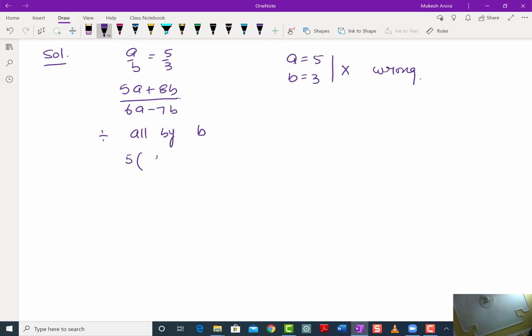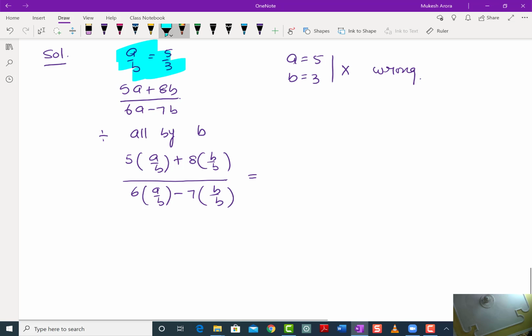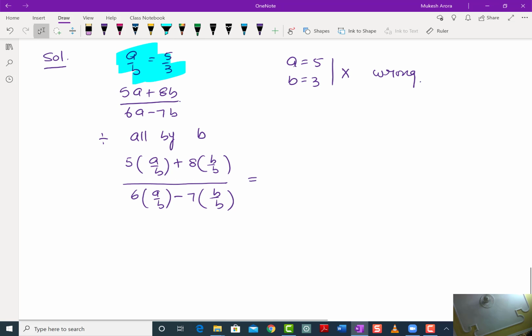So it will be 5a by b plus 8b by b upon 6a by b minus 7b by b. A by b is given to us. A by b is 5 by 3.